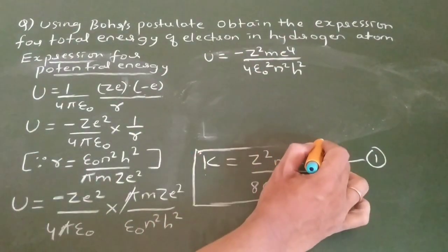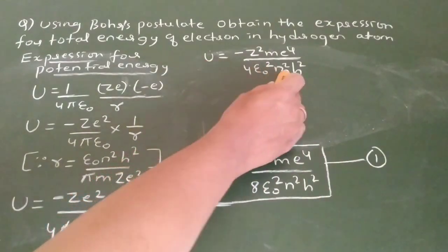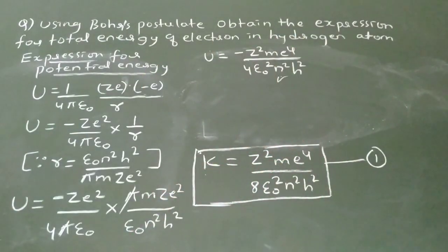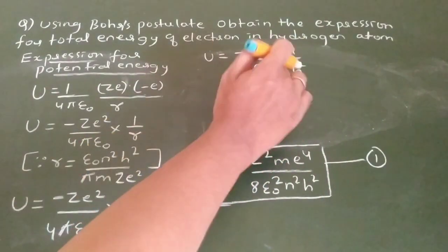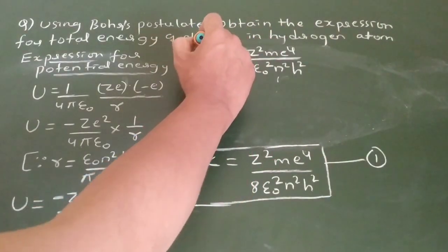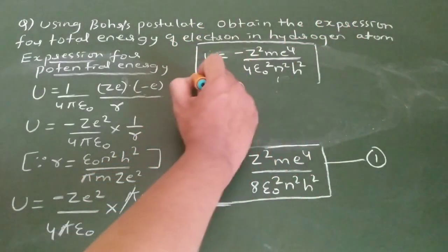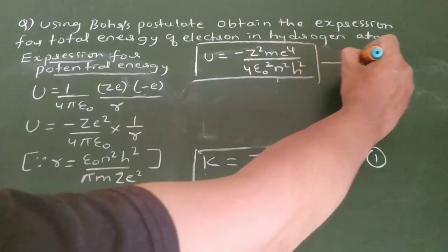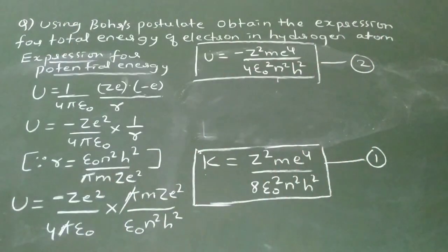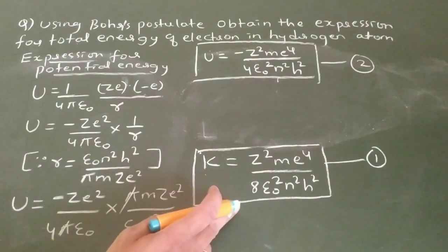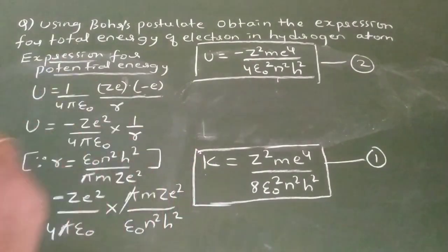Now this is the final value of potential energy in terms of n. Let me put a box and keep this as equation 2. So remember what is equation 1 and what is equation 2.